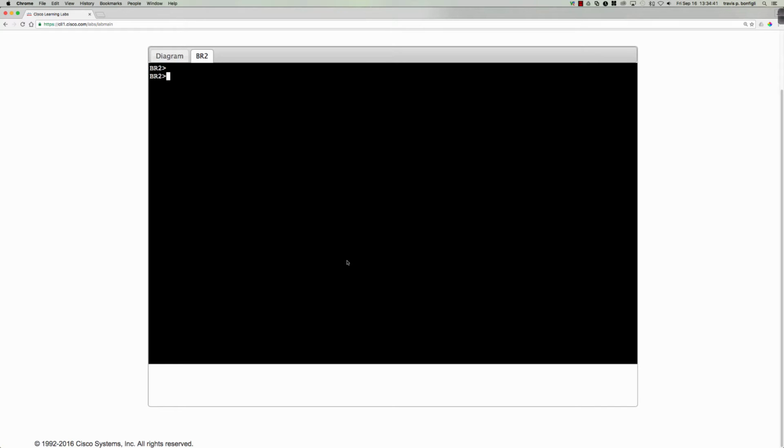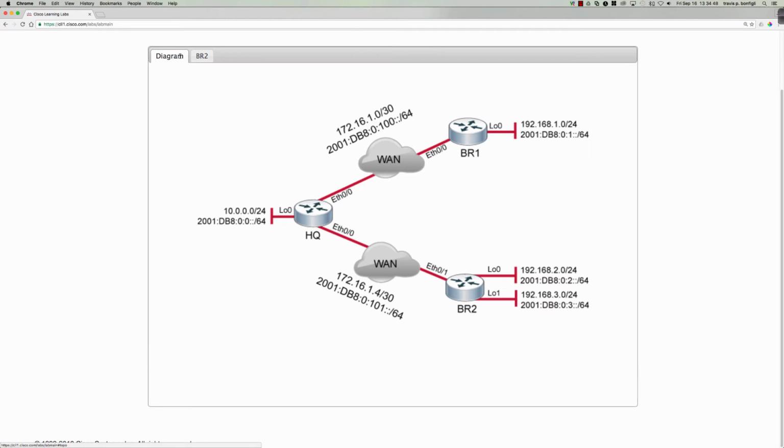Remember, EIGRP, even in named mode, when we're doing IPv4, the transport is IPv4, which is why you see all of these basically dual stack, right? We're set up as a dual stack here, where we've got v4 and v6 information every step of the way.